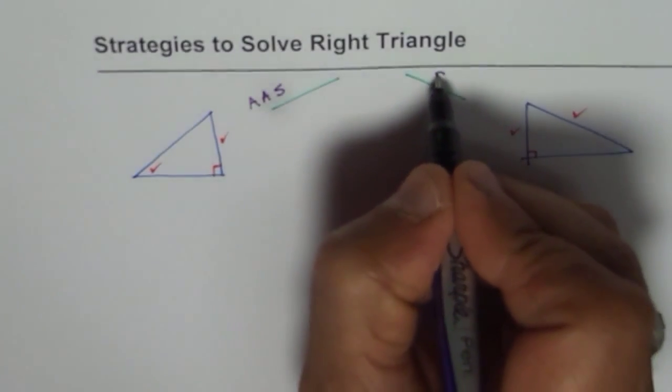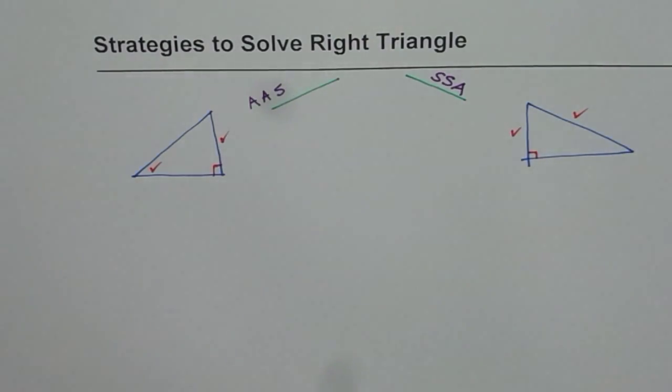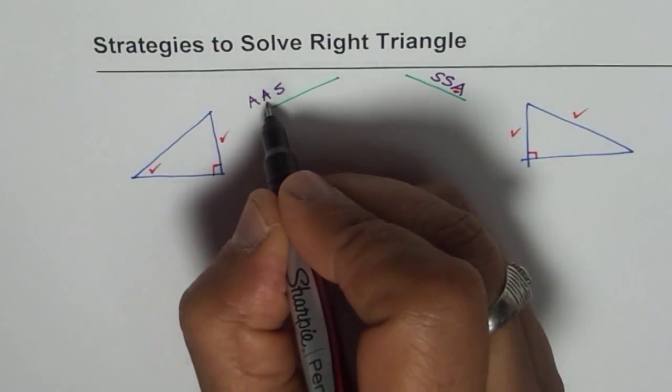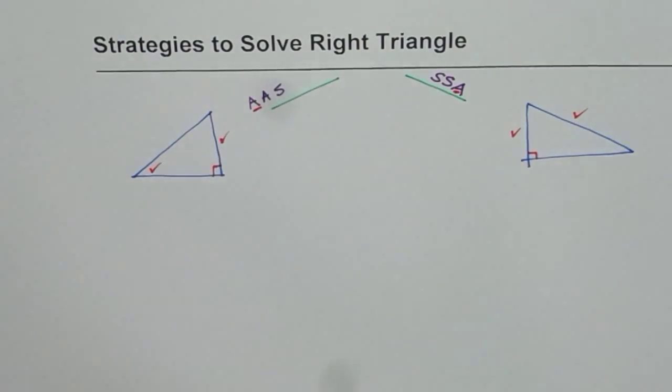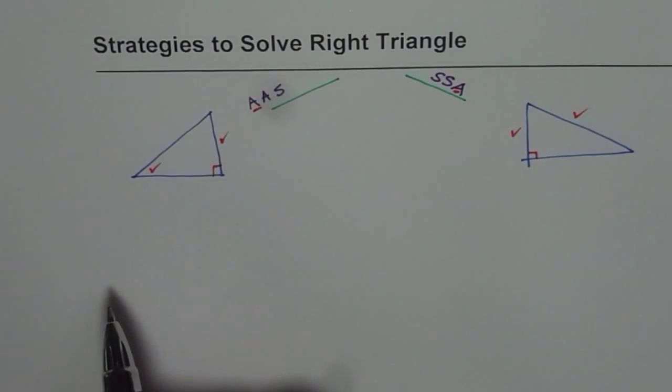So let me write: two sides are known to us along with an angle, and for this angle we are considering, by default one of them has to be 90 degrees, right? So that is our 90 degrees angle. We're talking about a right triangle, mind it. Okay, so whenever we have this kind of situation, we can always solve a triangle.